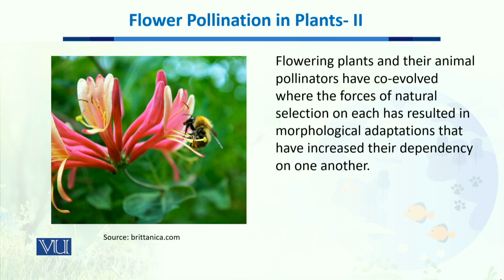These pollinators are dependent on flowering plants for certain needs, and in return, these flowering plants use these animals for the dispersal of their male gametes in order to have fertilization or pollination.